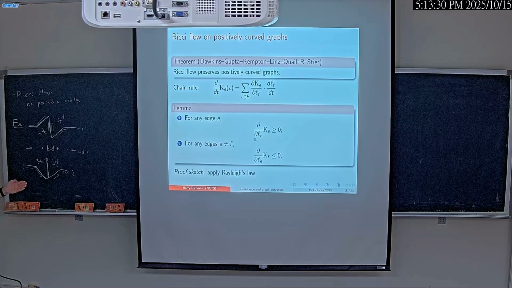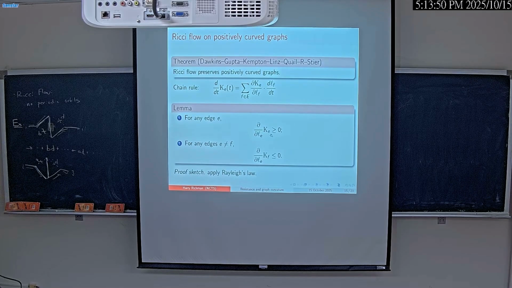And it turns out we can prove some lemma by applying Rayleigh's law. So Rayleigh's law was saying how does this effective resistance omega change when you change a single length? And so it's just a slightly longer computation to do this for the expression of the curvature.